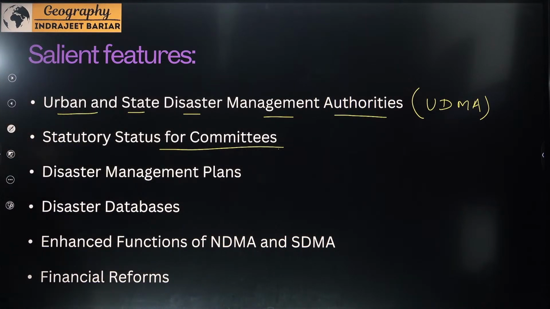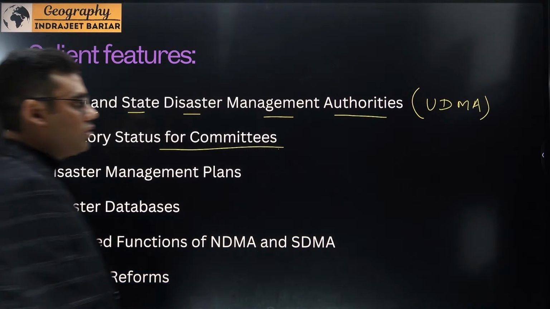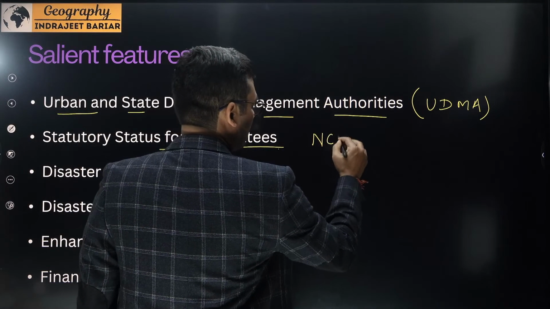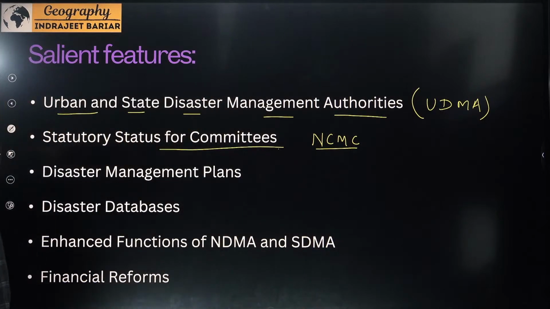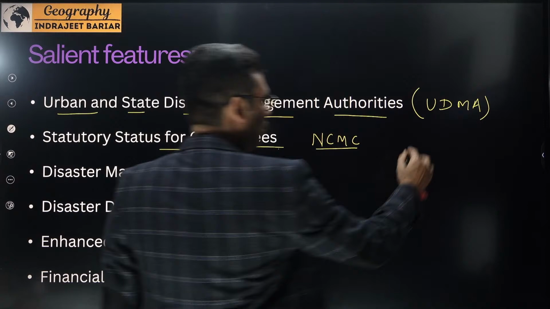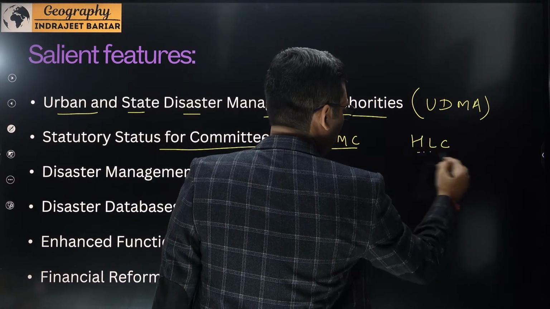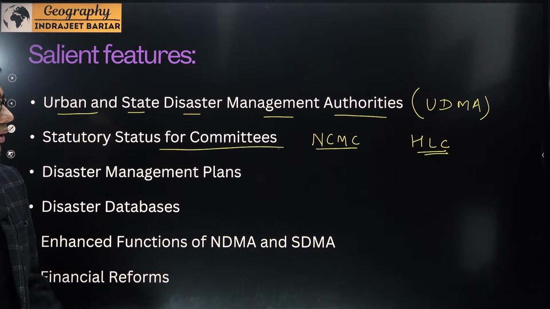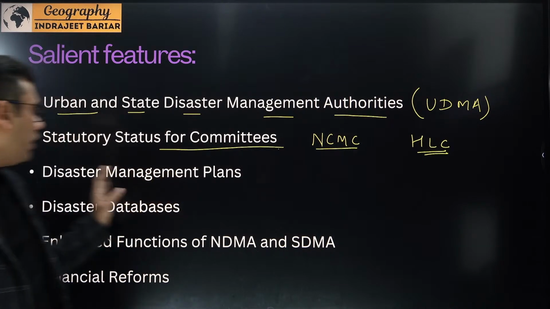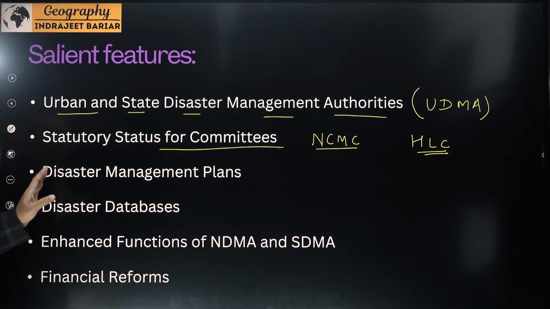And what are these committees? The first one is the National Crisis Management Committee, as well as the high level committee which deals with disaster management. These committees were there, but now they have been provided with statutory status under this act.